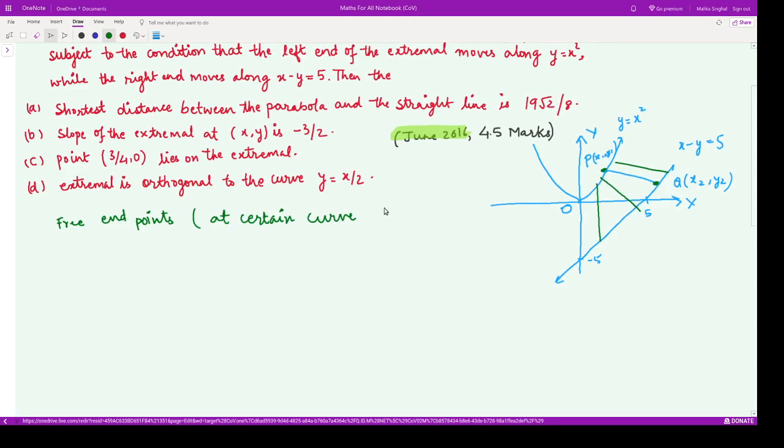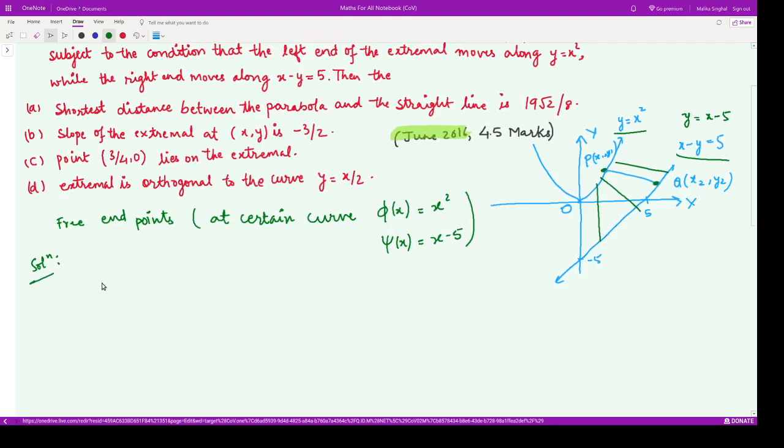In our case, say phi(x) is equal to the first curve, so phi(x) would be x^2, and another curve psi(x) would be equal to this line. So let us calculate the value of y from here. So y would be x - 5. So another curve, this would be x - 5, right? So now let us see how to solve such questions.